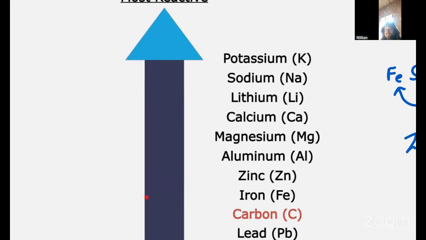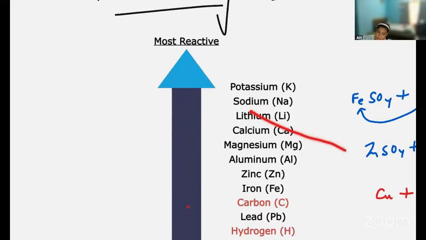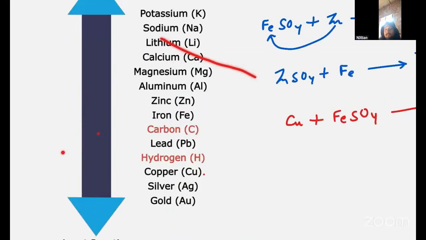Then why in Cu plus FeSO4 does FeSO4 not just overtake Cu, since it is stronger? Cu has to displace Fe from its compound, right? FeSO4 is good with its friend SO4.